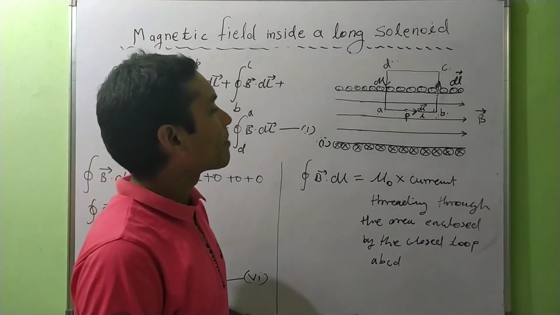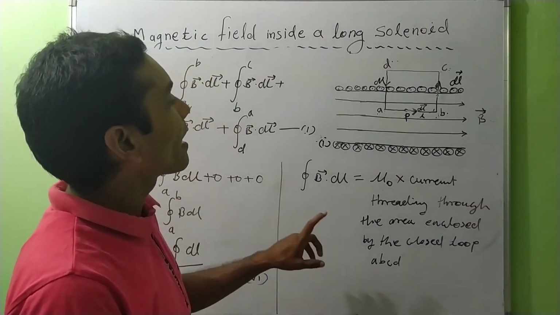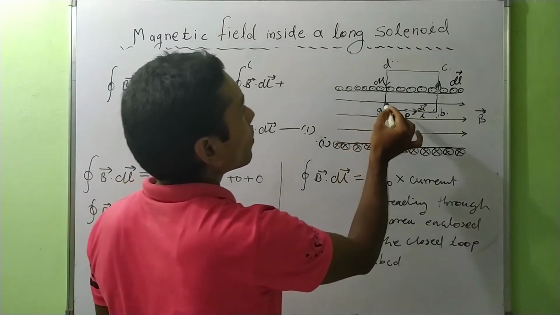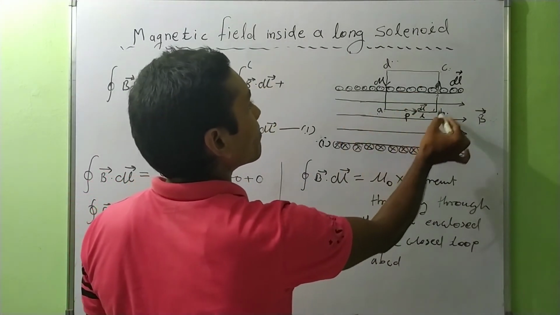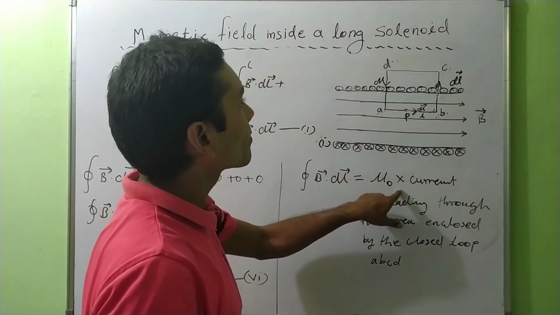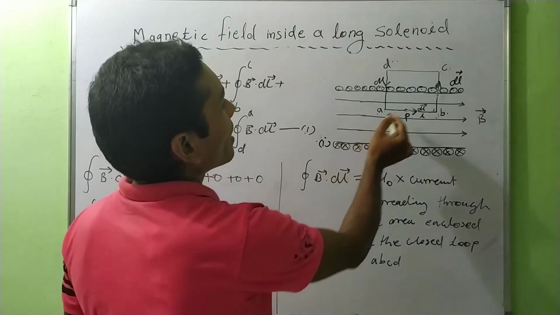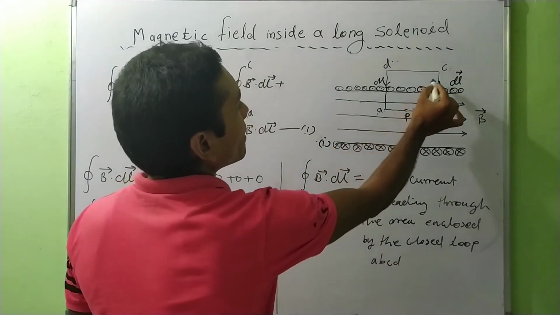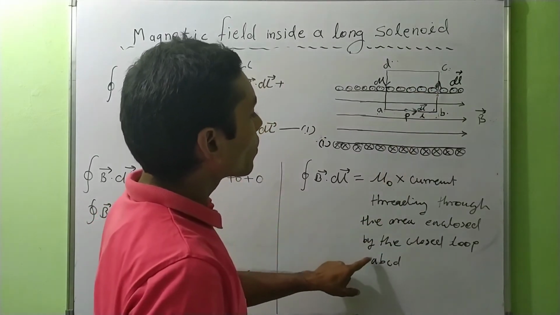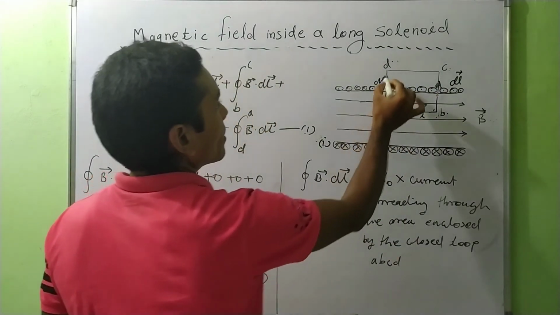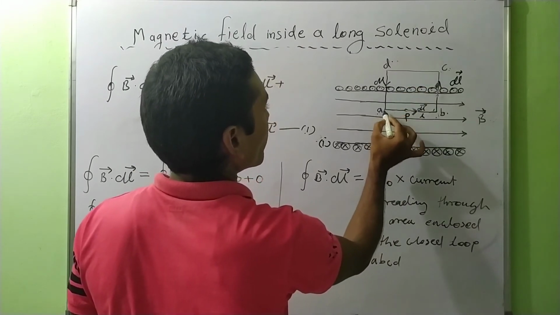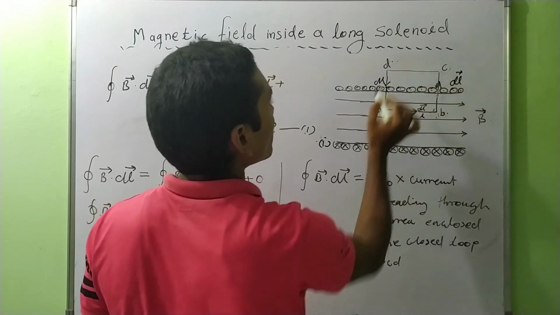But by Ampere's circuital law, the line integral of magnetic field along the closed rectangular path ABCD will be equal to mu naught times the current threading through the area enclosed by the closed rectangular path ABCD.